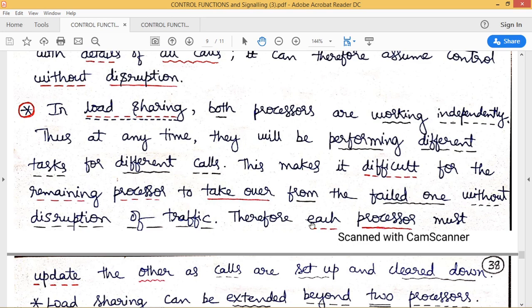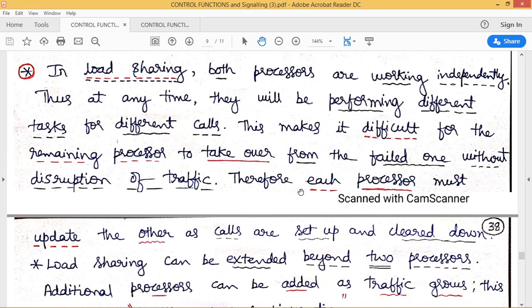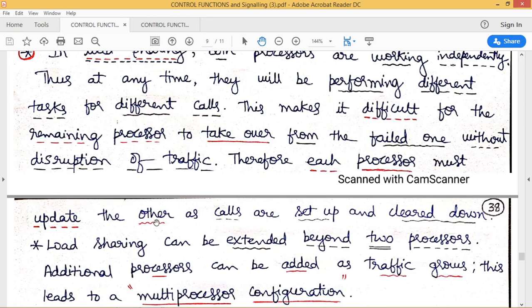Therefore, each processor must update the other. Both the first processor and the second processor must update what the other processor is doing, what task the other processor is performing.